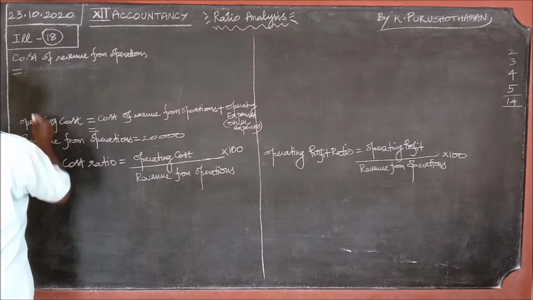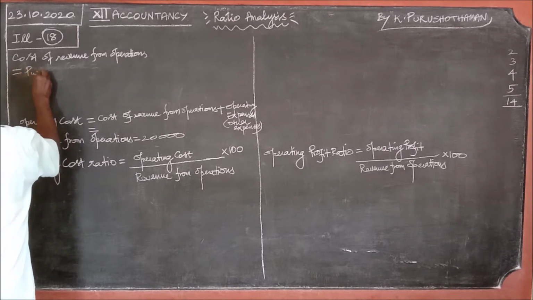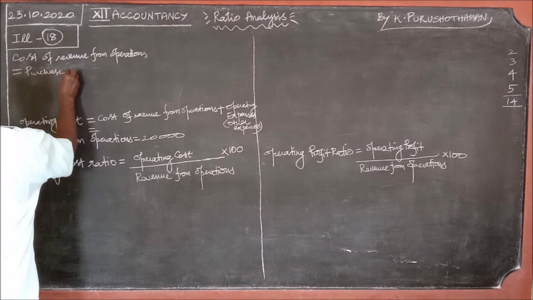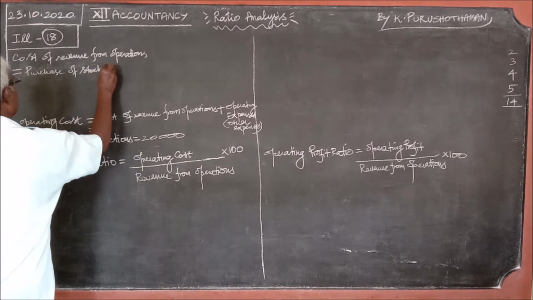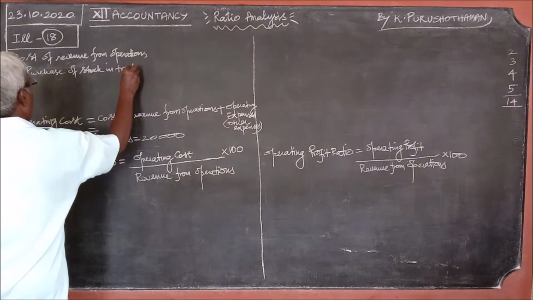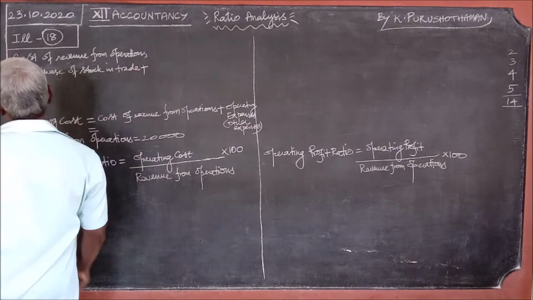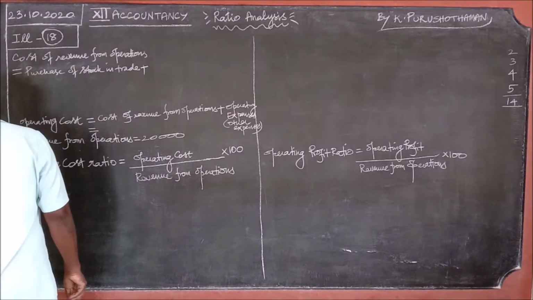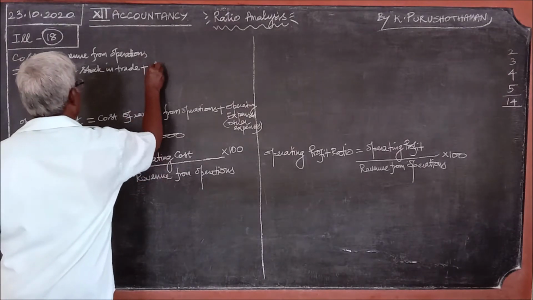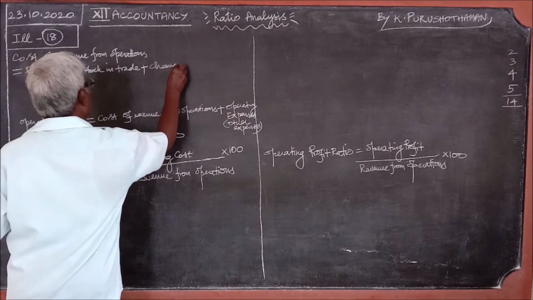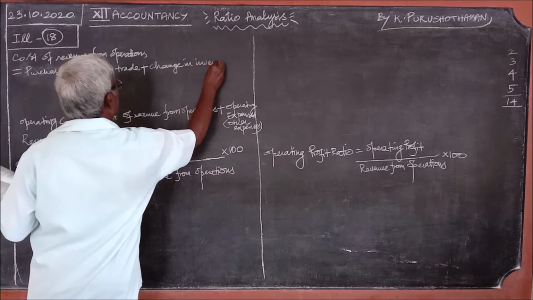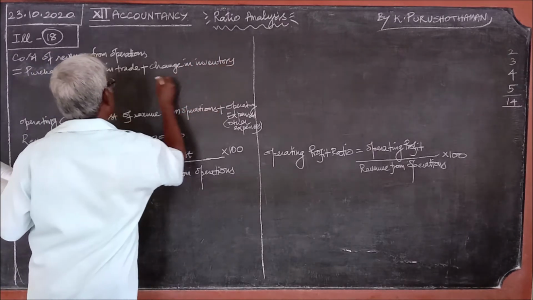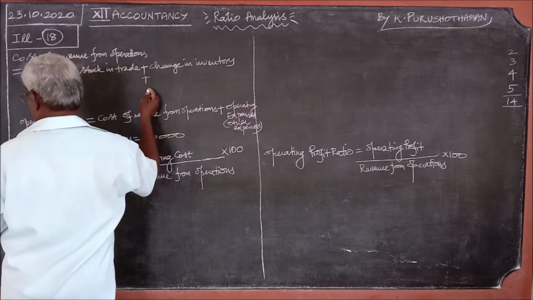One, the purchase of stock in trade, plus change in inventory, plus direct expenses.